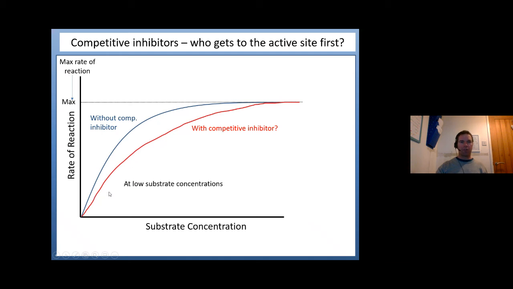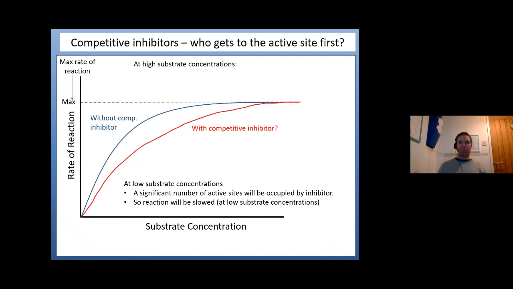If we look at low substrate concentrations down here, because we've got low substrate concentration, any inhibitor that's present has got a good chance of getting to the active site, and therefore the active sites will be occupied by an inhibitor, so the reaction will certainly be slowed.